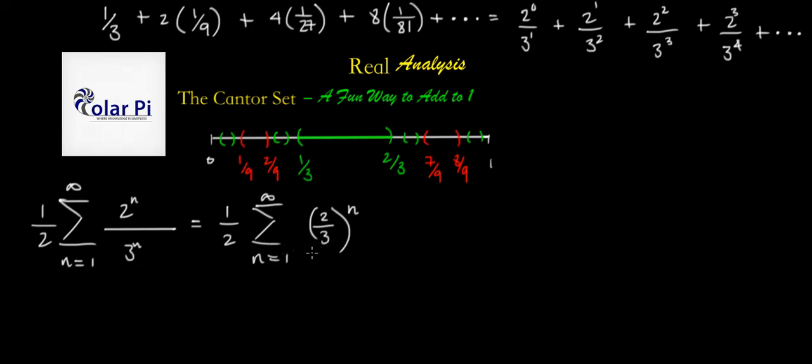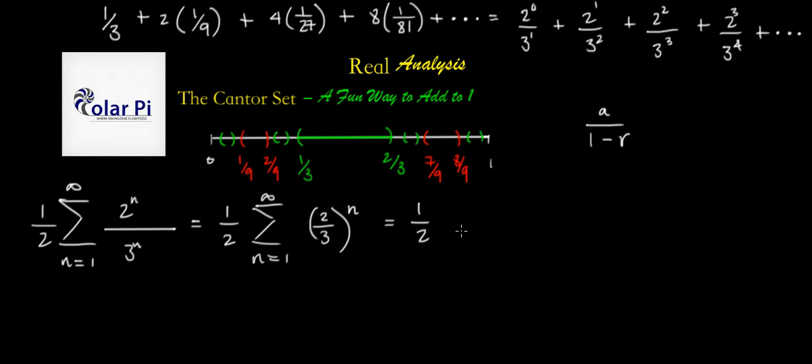But this is an infinite geometric series, and an infinite geometric series converges to a over 1 minus r, where a is the first term and r is the multiplying factor, the common ratio.